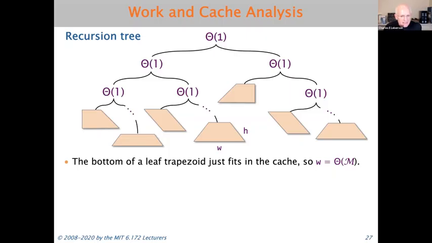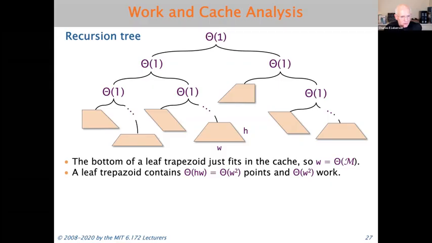So the base there has to be about the same as the base of its parent, and so they straddle M. W therefore is theta M, because W is less and 2W is more than M.